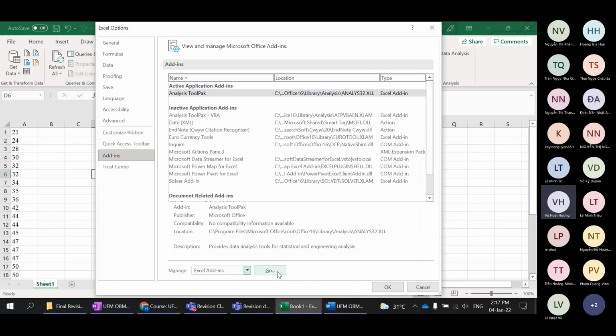Do you guys follow? You must have this for your coming exam. If anyone doesn't have this, you can't run the regressions later. Besides using this for descriptive statistics, we will also use it for regression analysis. Click on Go.